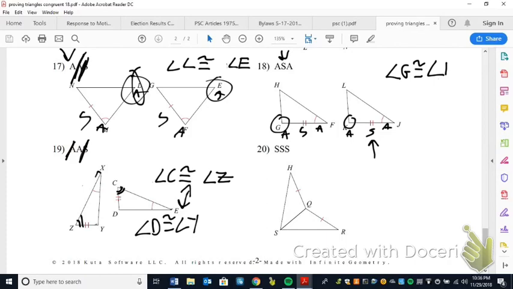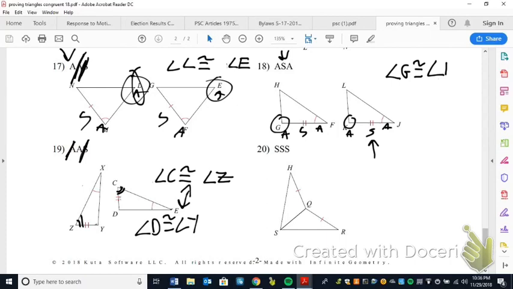Either one is completely okay, and they're both right. Again, we were looking for two angles and a non-included side, and matching up either C and Z or D and Y will give us that.